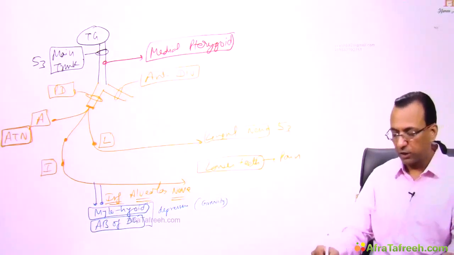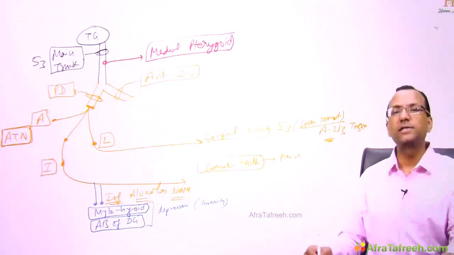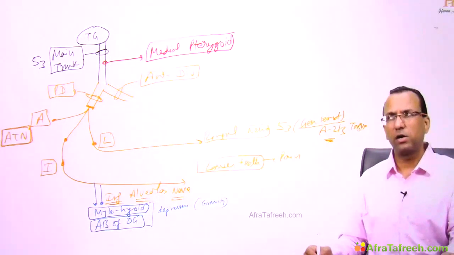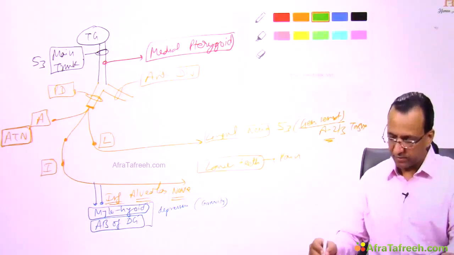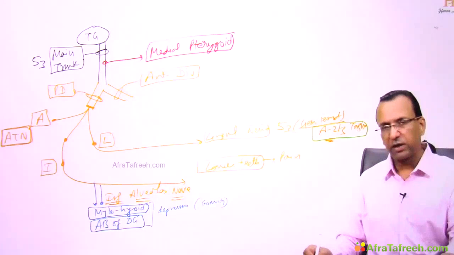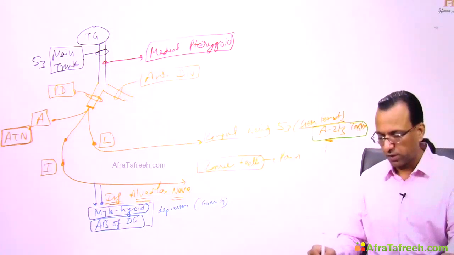It also carries general sensation, from the anterior 2/3 of the tongue. Developmentally, anterior 2/3 of the tongue develops in the first arch. So what is the nerve of the first arch?